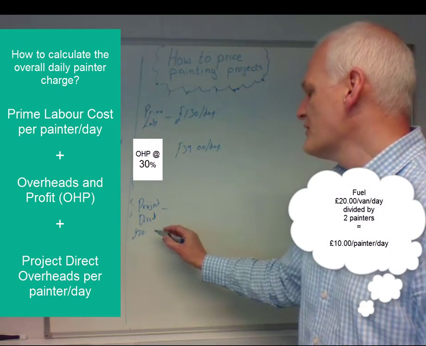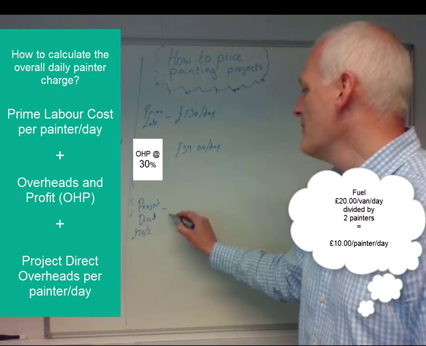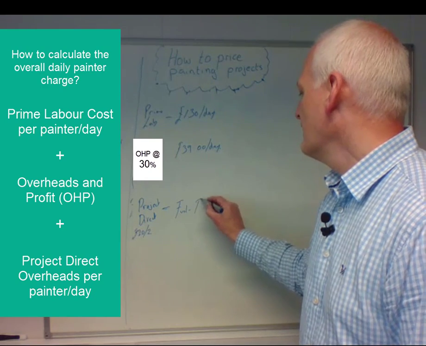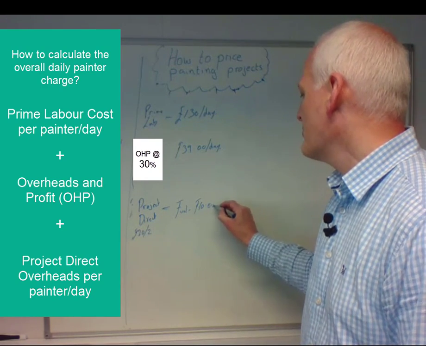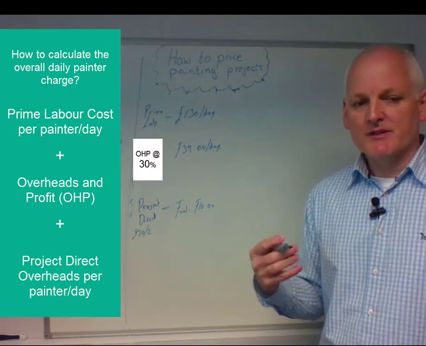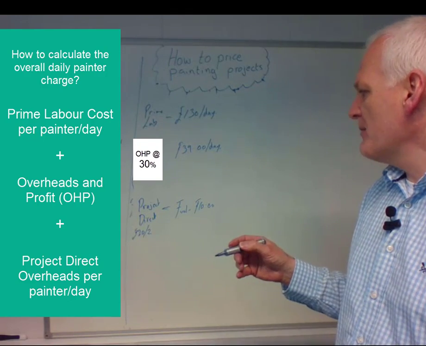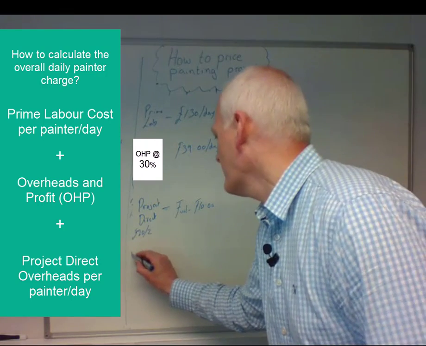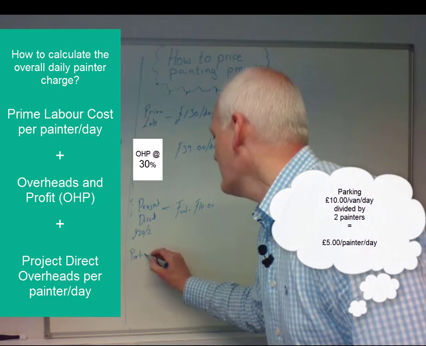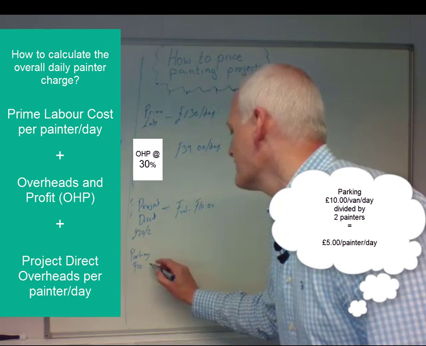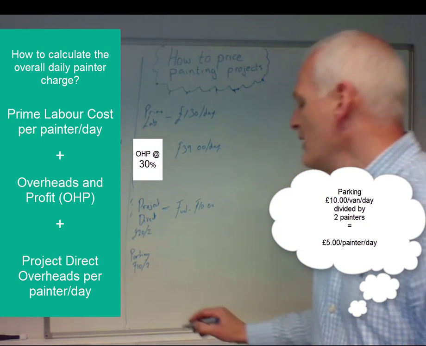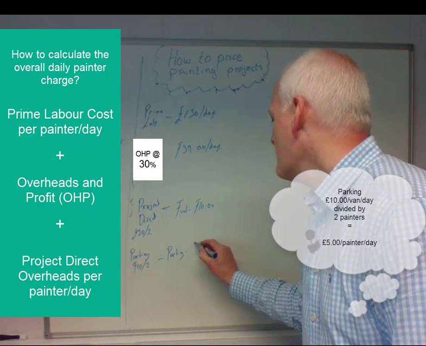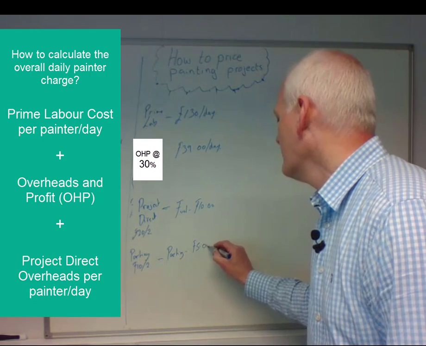We're going to allow for 2 operatives in that vehicle, so divided by 2, that means my fuel allowance for this particular project is going to be £10 per painter per day. I've got a little bit of parking there because there's no free on-site parking. Let's say I'm going to have to pay £10 for parking a day. Again, assuming that there are 2 operatives in the vehicle, divide the 10 by 2.